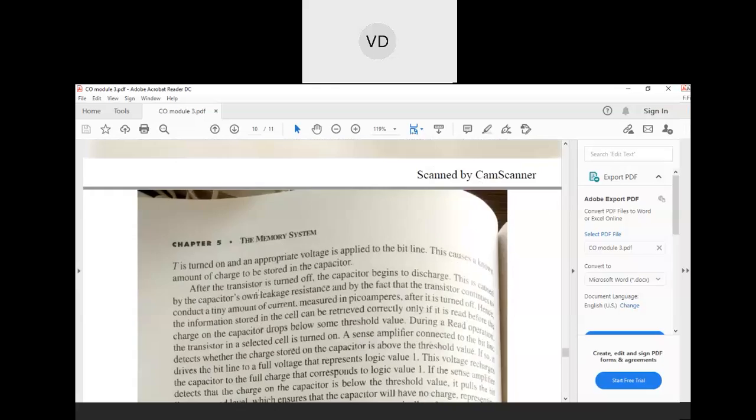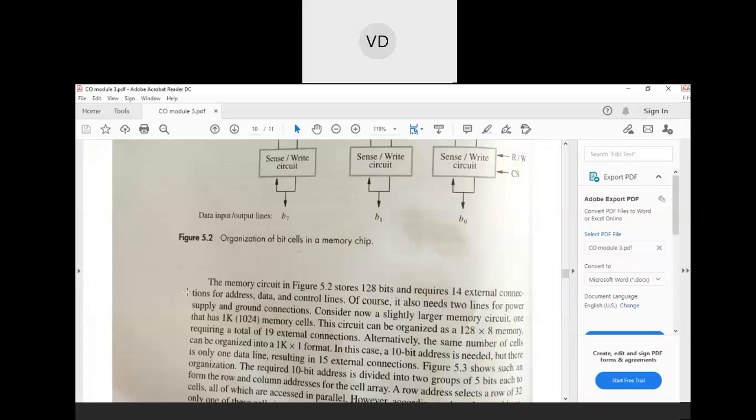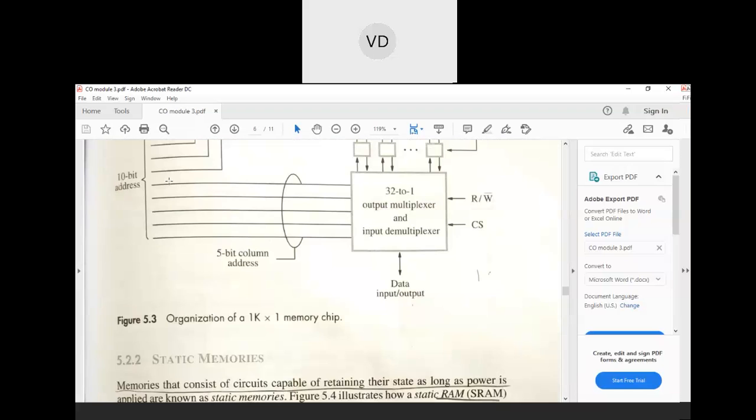Okay, so here we have seen how only a 4-bit address was required. When we increased it to 128, a 10-bit address was required. Is it not?